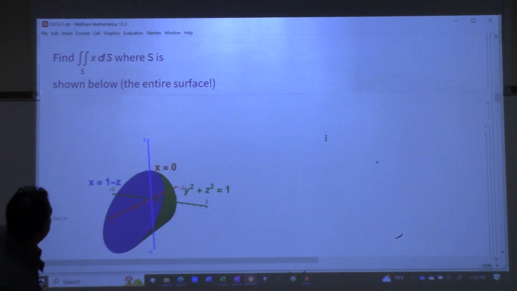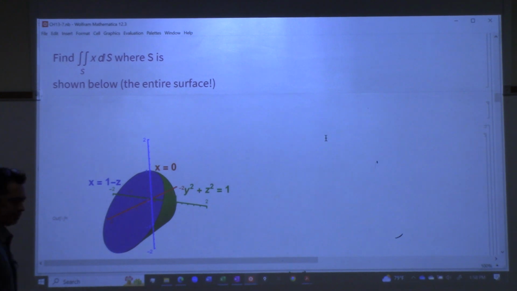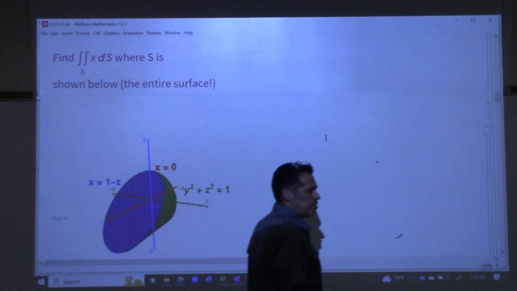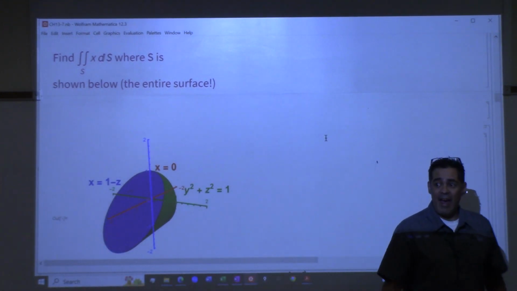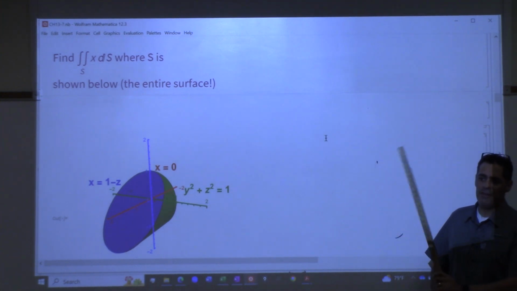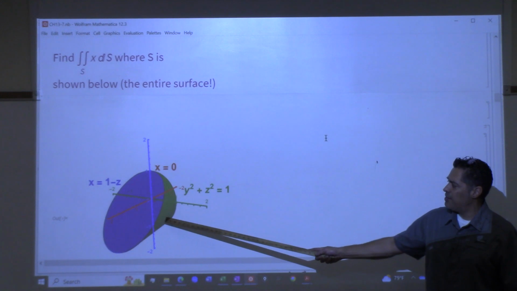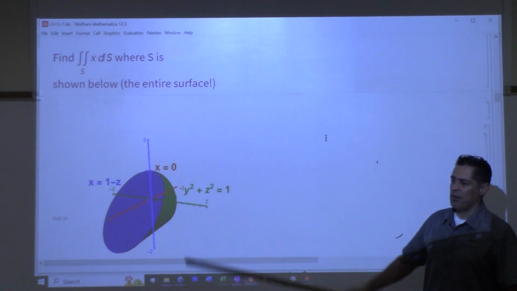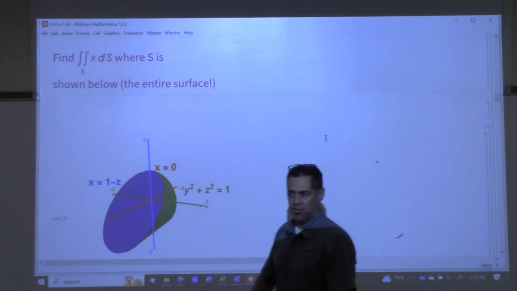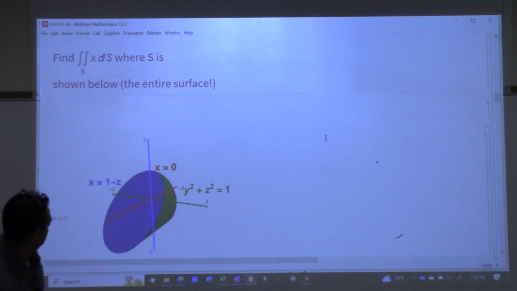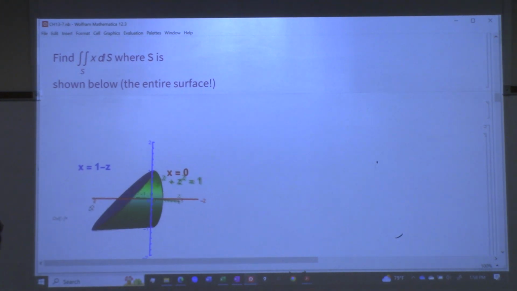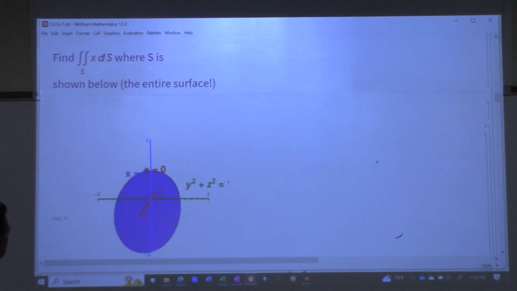I would like for us to evaluate the surface integral of f over the surface S, where the surface S is the outer surface of that entire object that you see there. So how many surfaces make this up?